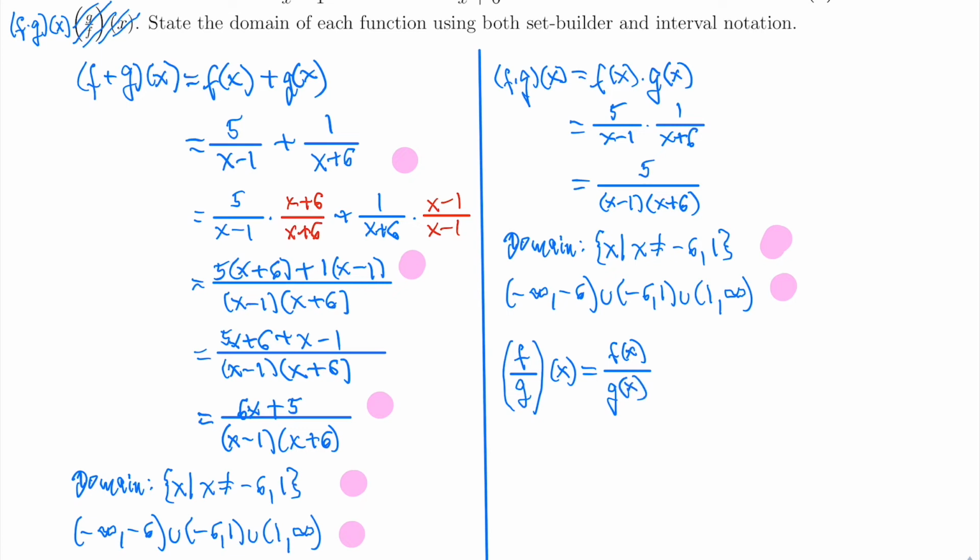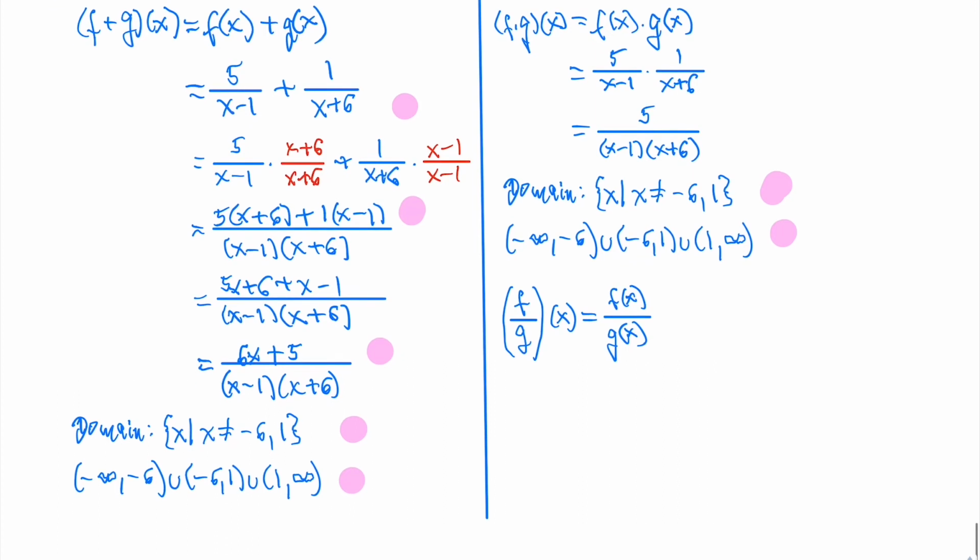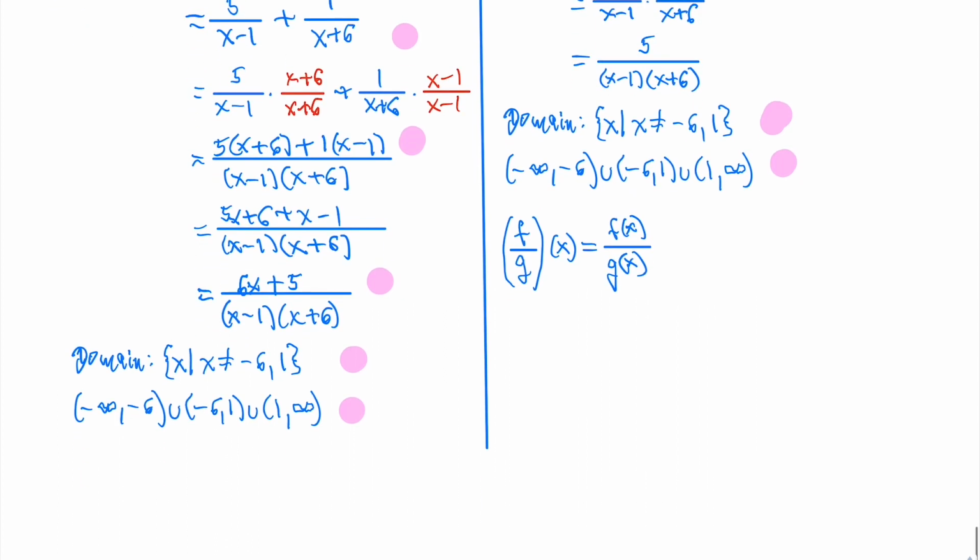So we have f of x divided by g of x. Now we fill in our two functions, and we will be getting a complex fraction here: 5 over x minus 1 divided by 1 over x plus 6.